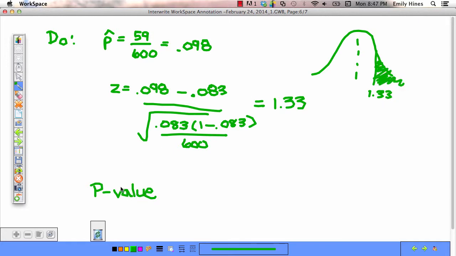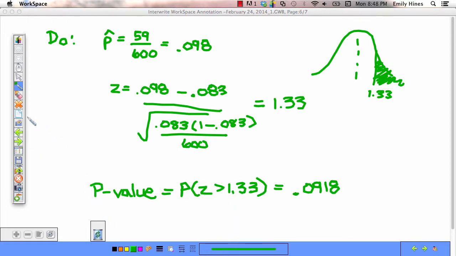So my p-value is the probability that z is going to be greater than 1.33, which is 0.0918. Okay, we set our alpha value to 0.05.